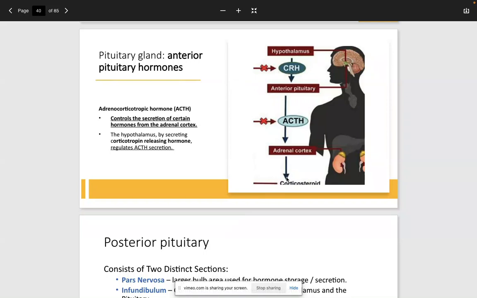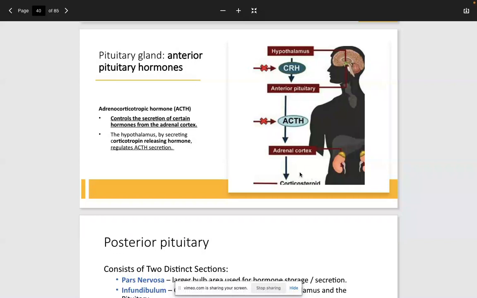Same thing here. There's a condition called Addison's disease. Addison's disease is basically an autoimmune disease where the body attacks the adrenal gland. The body destroys this adrenal gland, so guess what can't form? Cortisol, the corticosteroid.